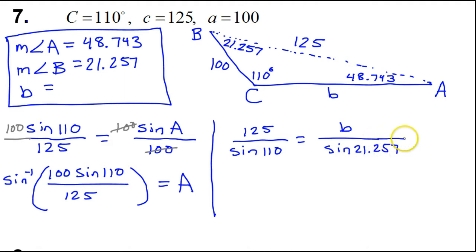Alright, and doing it this way, I don't have to cross multiply, it just saves me 1 step. So to get B by itself, I will multiply both sides by the denominator, sine 21.257. I'm going to multiply it by that on both sides.